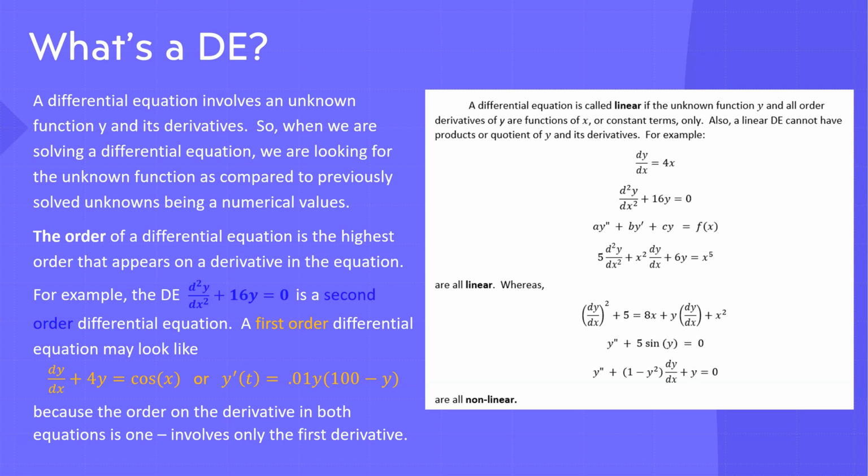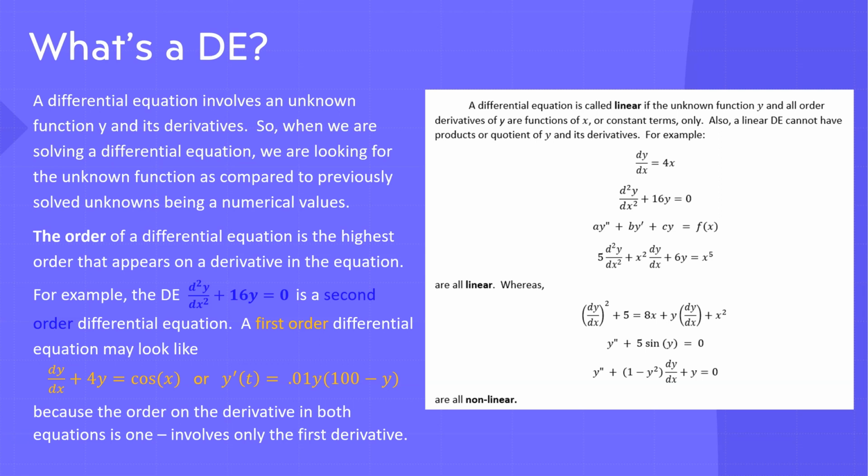Now, there's a lot of words and a lot of new terms that you'll have to learn in this section, one of which is the order. The order of a differential equation is the highest order that appears on the derivative of the equation. Like how a quadratic is exponent 2, linear is exponent 1, right?